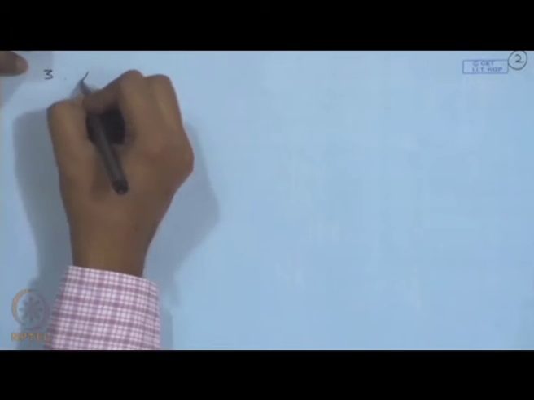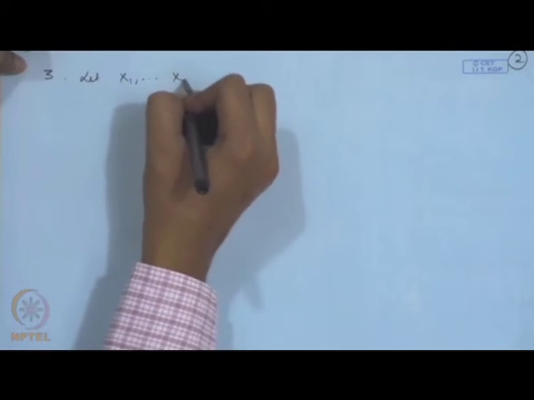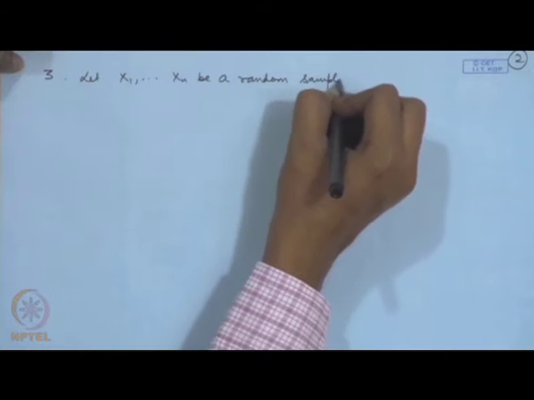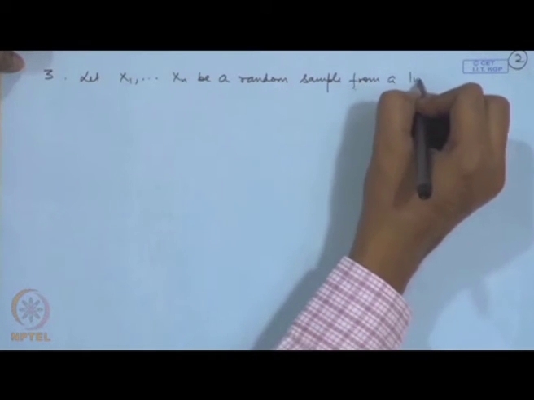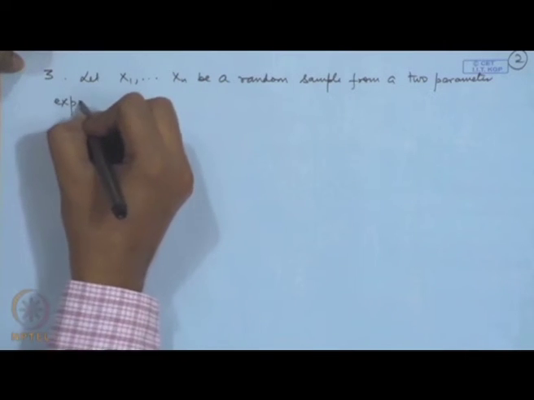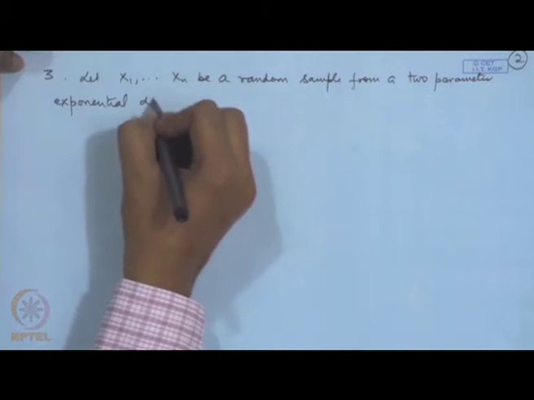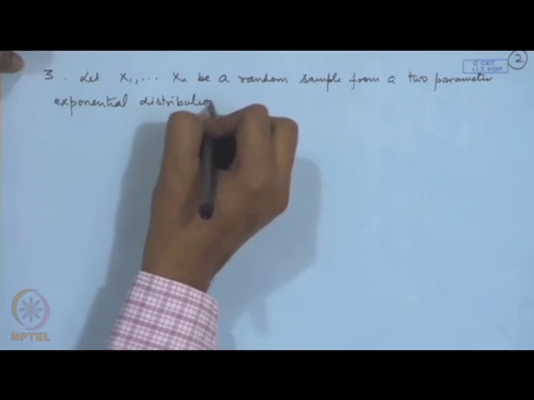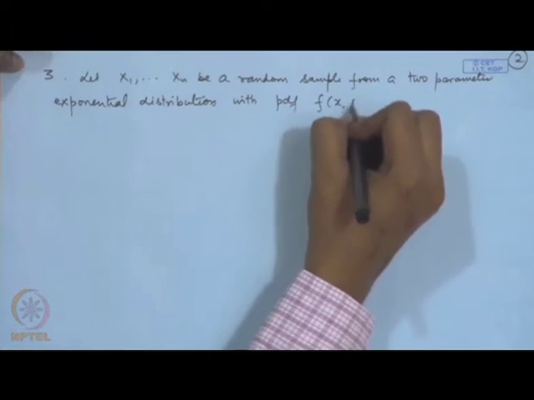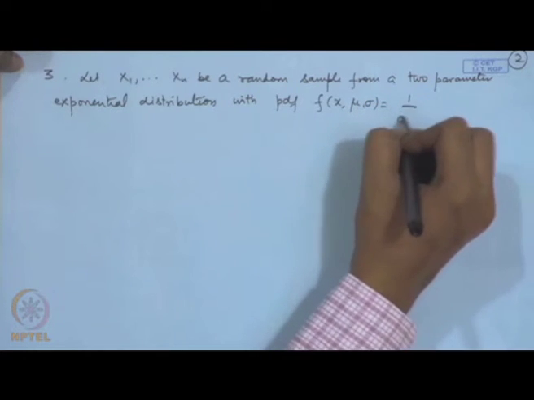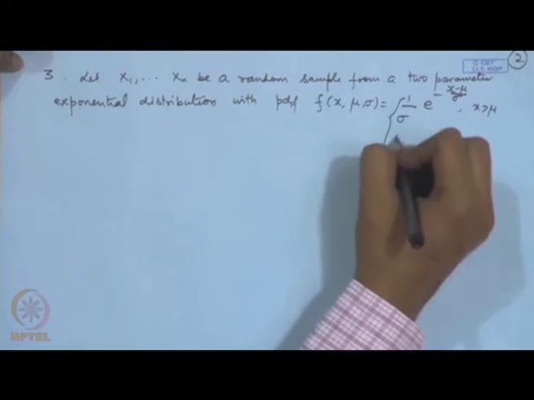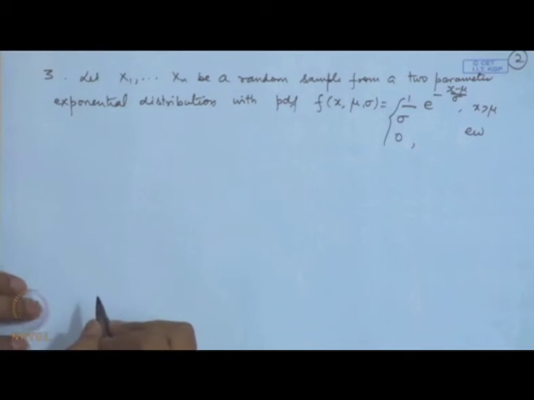Let x 1, x 2, x n be a random sample from a 2 parameter exponential distribution, say with density function f of x, mu, sigma equal to 1 by sigma e to the power minus x minus mu by sigma for x greater than mu, and it is equal to 0 otherwise.